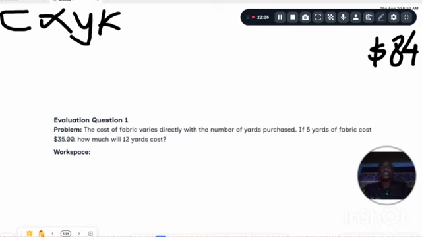The cost C varies directly with the number of yards Y. We have our K. Now they said if 5 yards is talking about Y, so that means I'll be having my 5 here, not under C. Now if 5 yards of fabric cost 35, cost is talking about C, so I'll be having my 35. So you can see where that ought to belong.